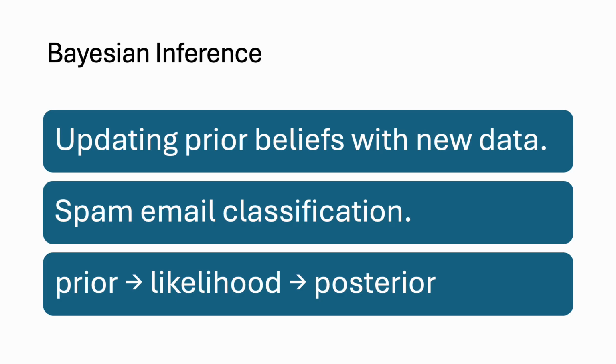So let me reiterate: Bayesian inference allows manufacturers to refine their predictions by combining prior knowledge with new data. In a manufacturing setting, this means using historical production data, quality control records, and real-time sensor readings to continuously update the likelihood of defects, equipment failures, or process inefficiencies.